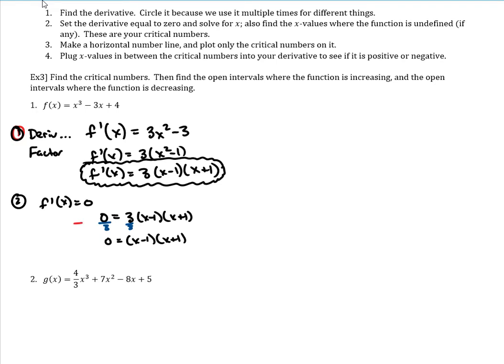So it's okay to divide out constants. The 0 divided by 3 is okay to do. When I say divide out, I mean it's going away. Okay to divide out constants, but never divide out a variable.